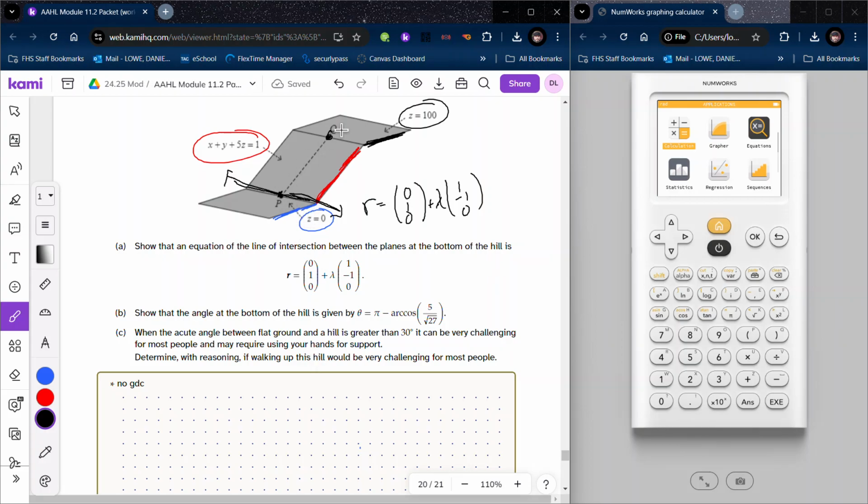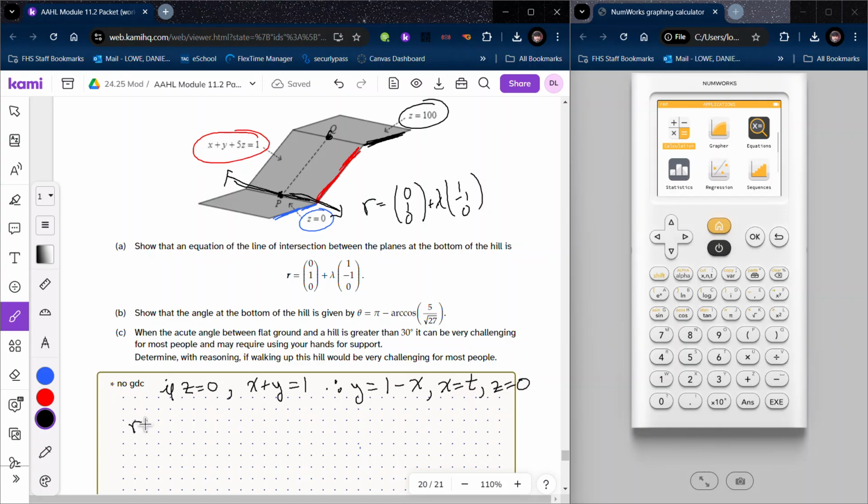Point P is on both planes, and we know that one plane has z equal to 0. So if z is equal to 0, we know that x plus y must equal 1. That means that y must equal 1 minus x. x can just be my parameter, and z is 0.